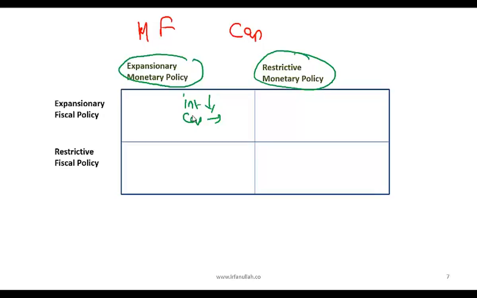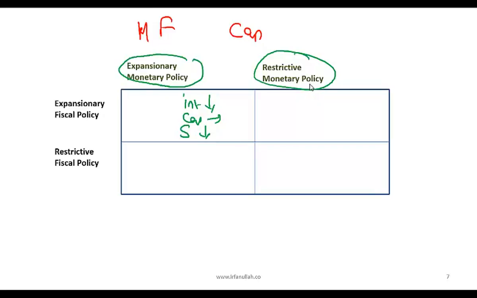That means the demand for your currency is down. So what happens to the spot exchange rate? It will come down. So an expansive monetary policy, according to the Mundell-Fleming model, causes the spot rate or the exchange rate to come down. And what about a restrictive monetary policy? The opposite happens. Interest rates increase.